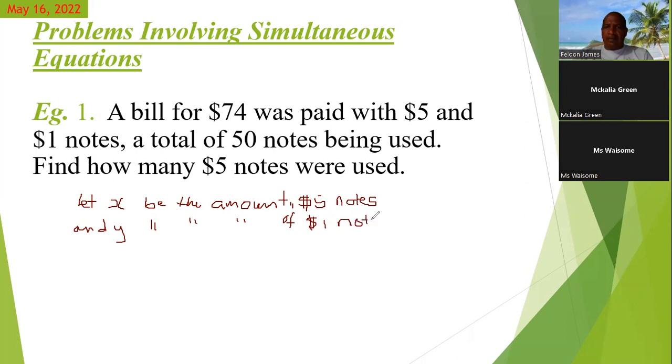So once you have defined your unknowns, meaning you're stating what you're using them for, then you go ahead and form your equation.